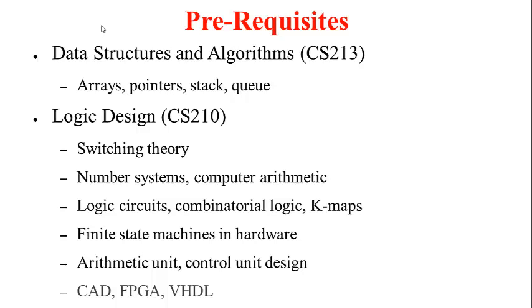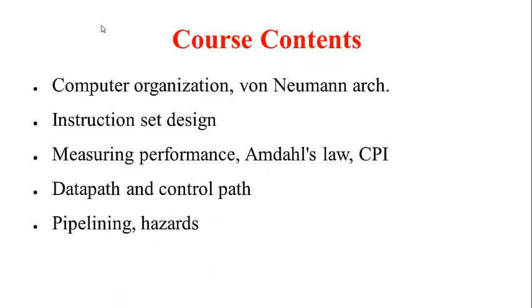Building logic circuits using gates, combinational logic, Karnaugh maps for optimizing combinational logic, Moore machines and Mealy machines, finite state machines, constructing them in hardware, using them to make control units, and the design of computer hardware for doing computer arithmetic.